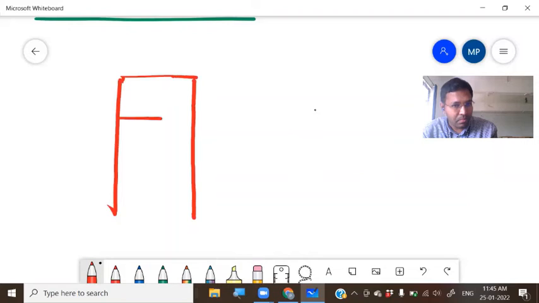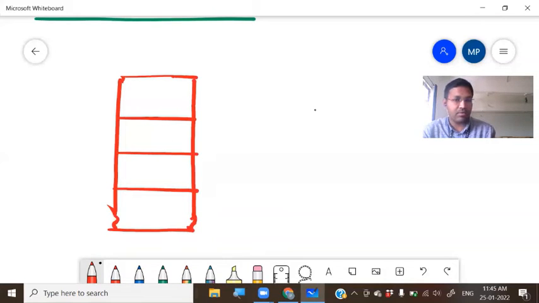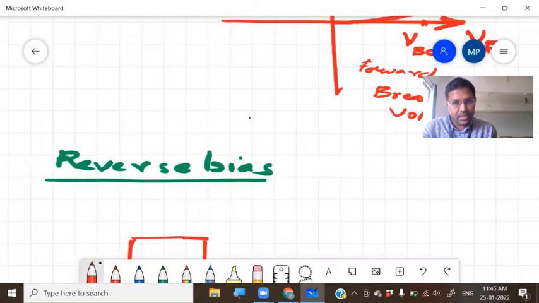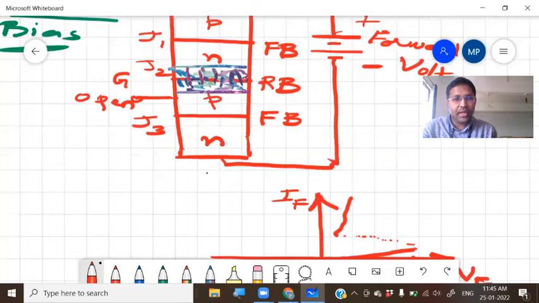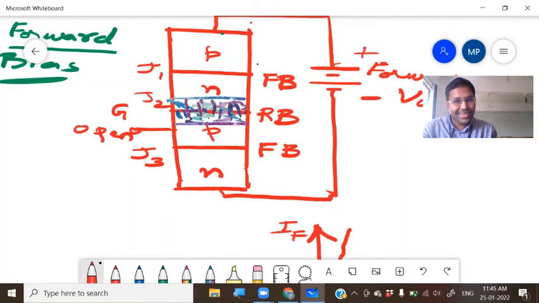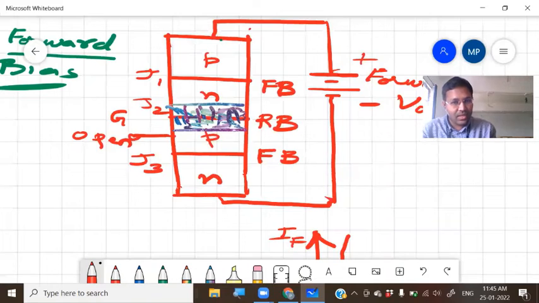So four regions: 1, 2, 3, 4. Same structure, repeat: PNPN. Then the junctions J1, J2, J3.